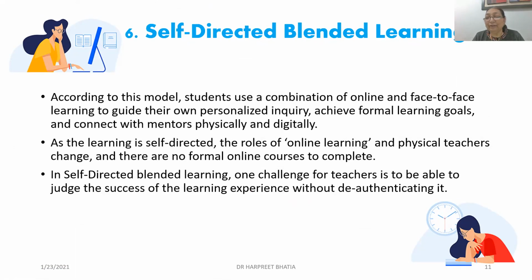They achieve their formal as well as the informal learning goals. They connect with their mentors, guides, teachers, both physically and online, and reach the goals that they have decided for themselves, that this is what they would like to learn.